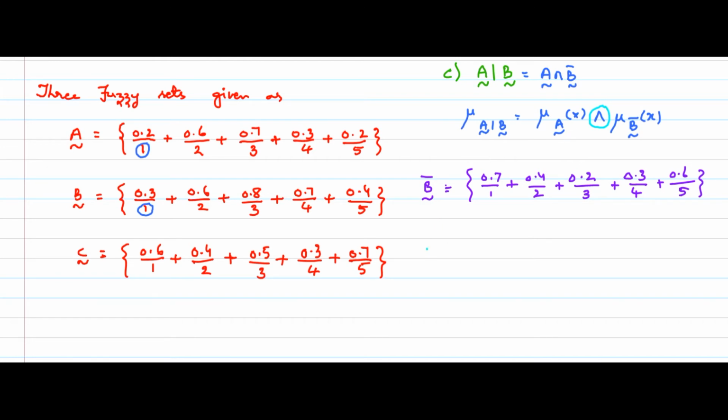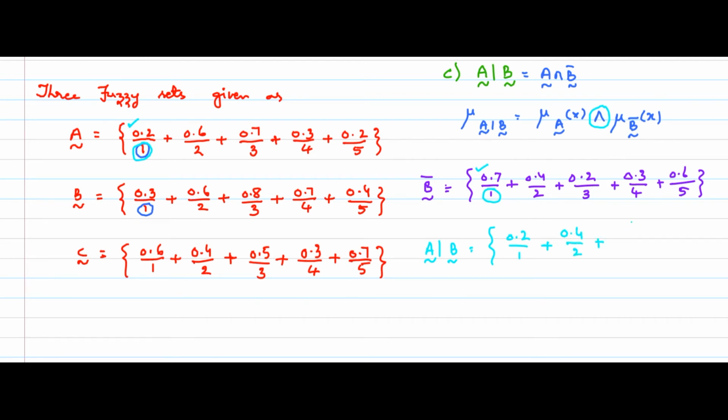Let me take directly A difference B, which is equal to, for x equal to 1, this is my B bar value and this is my A value. So the A value is 0.2 and the B bar value is 0.7. The minimum out of these two is 0.2 divided by 1, plus the next one is x equal to 2 and its values are 0.6 and 0.4, so it should be 0.4 divided by 2.